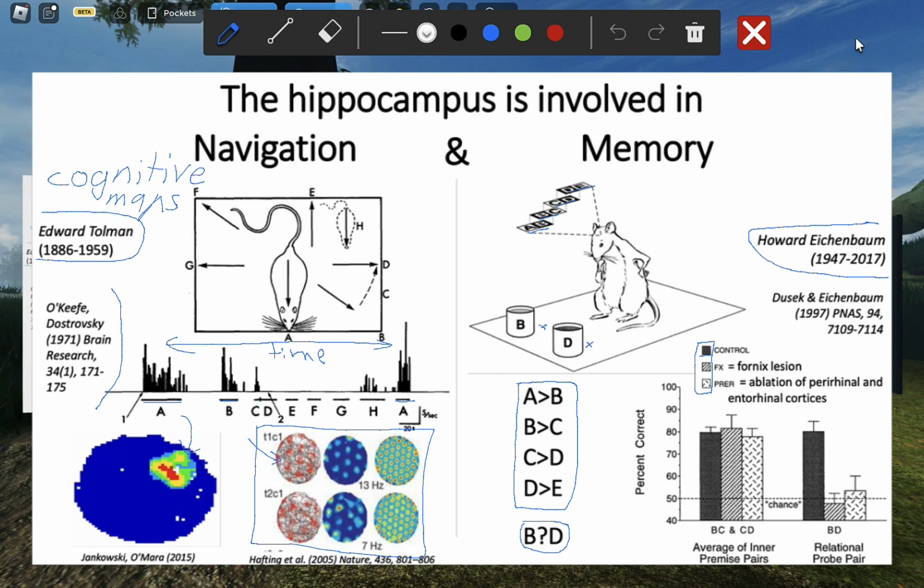What they showed was that if you destroy just those specific places, you destroy this longer relational inference. So the BD performance goes down to chance, whereas the initial relationships you were taught stay high. In the healthy animals, they still perform well. So you're still able to memorize things, but you can't make these longer-term inferences over the structures that you memorized.